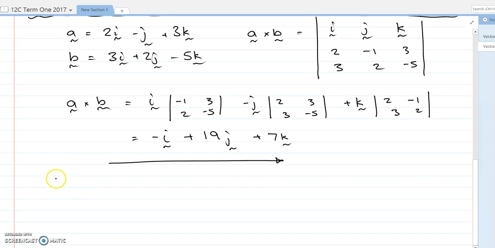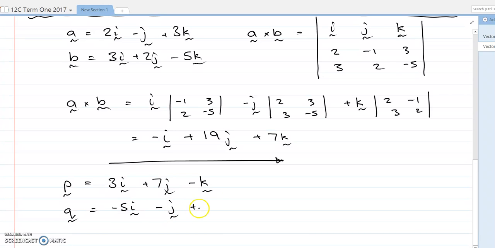So let me just give you one to do for homework to bring to class. Let's say P is 3i plus 7j minus k, and Q equals negative 5i minus j plus 6k.